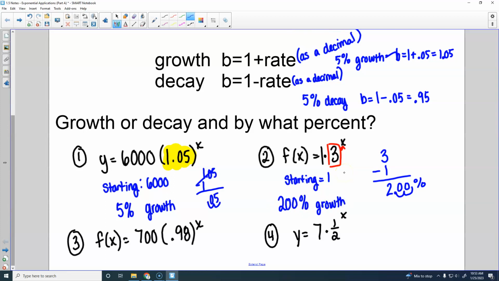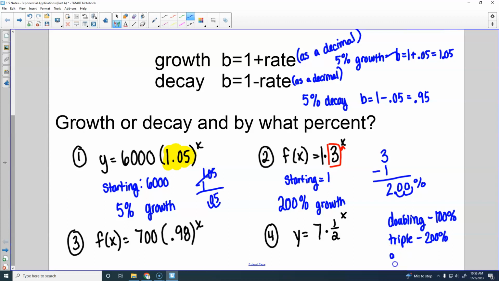So, and this may also help a little bit if you are doubling something, that is 100% growth. If it's triple, that is 200% growth.